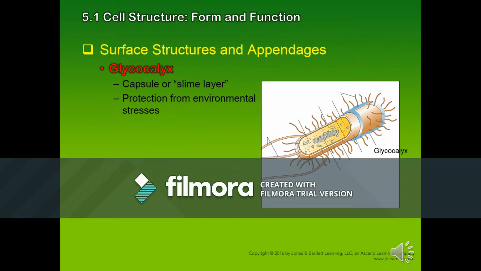One of the major things that a glycocalyx will do is help the cell survive any environmental stresses, whether it's drying or too much heating. The glycocalyx can help protect the cell. Okay. Glycocalyx can also be used to attach to the surface.